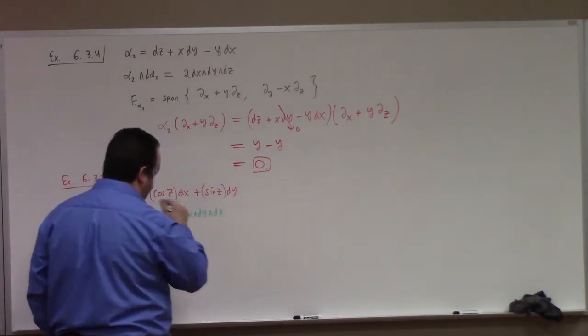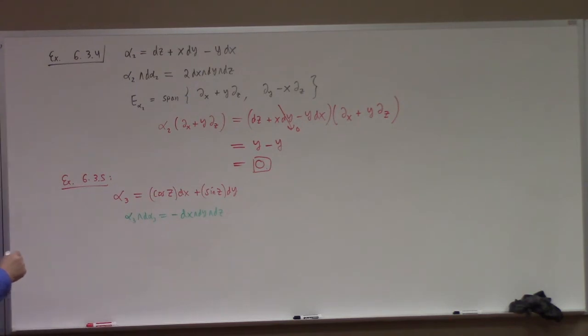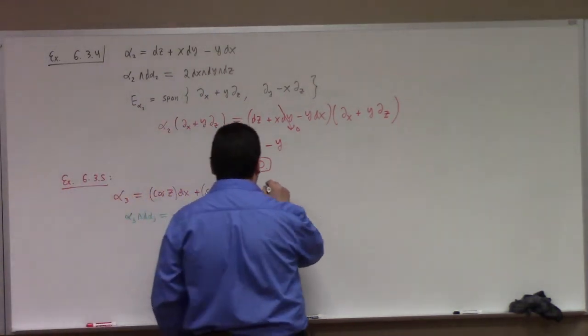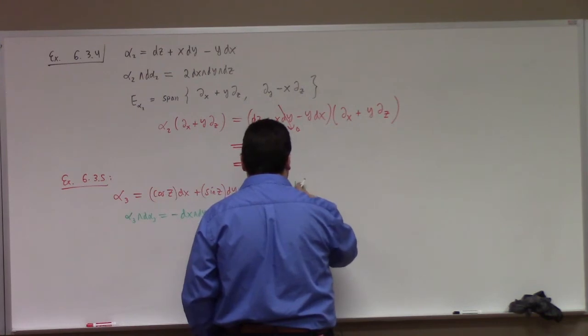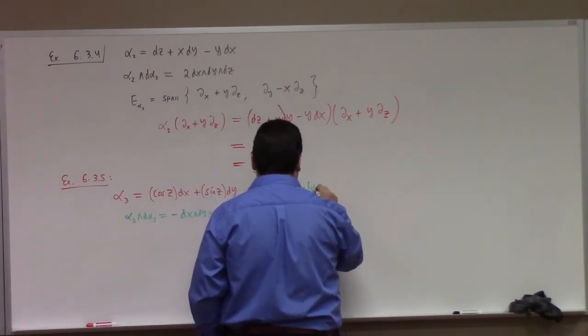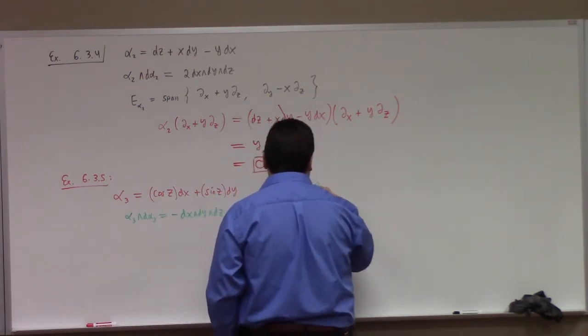All right. And so what was the contact? So if you look at this, for x to be in the kernel, we've done enough of these that maybe you can start to see how to cut through these a little bit faster. Alpha 3 means that what?